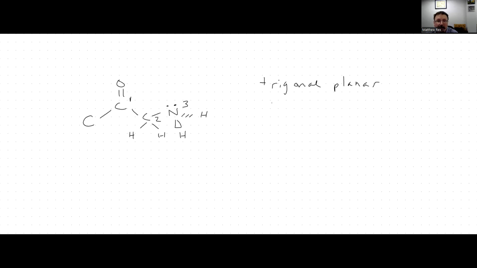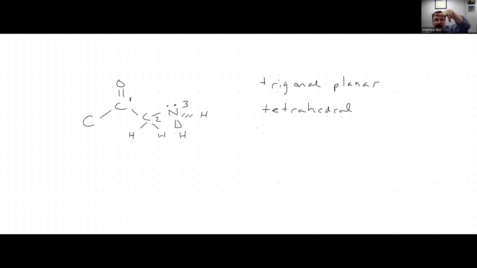For the 4th carbon, we have 4 bonds there, 4 electron groups, 4 bonding, all to different atoms. So that should be tetrahedral. And then lastly, for the nitrogen, we have 4 electron groups, 3 bonding, 1 non-bonding.